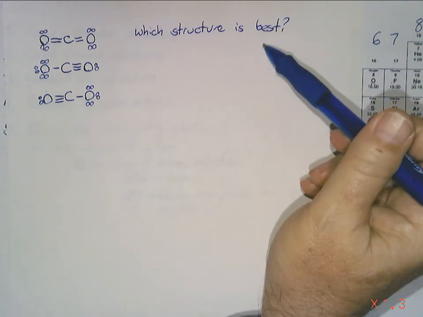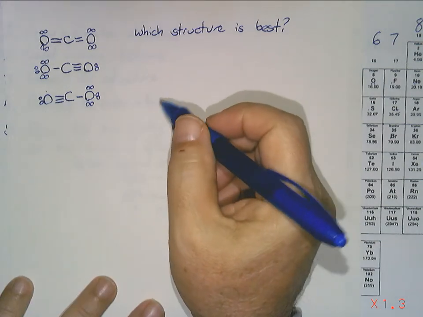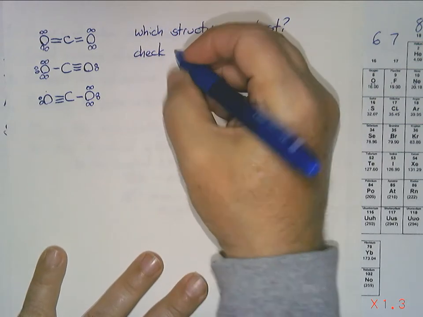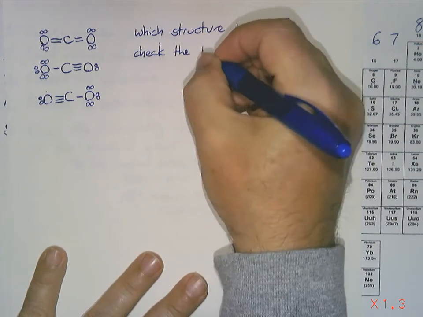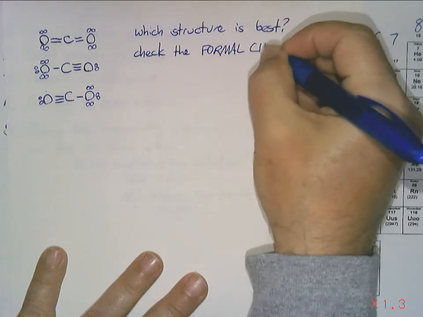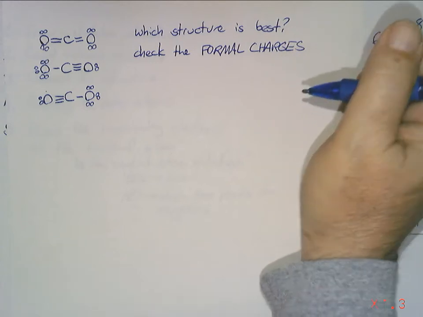Which one of these structures is the best? We're often going to see this situation when we're forming multiple bonds in the end, and we have to add another rule onto our recipe in order to handle that. Now, that has to do with assigning formal charges to the atoms in the structure.